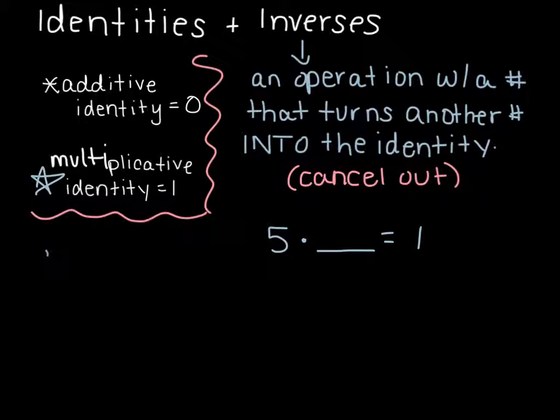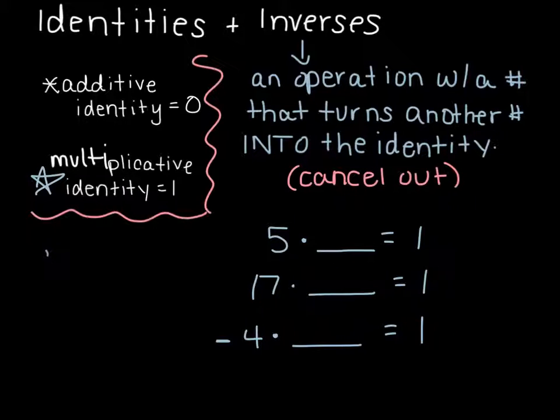It's kind of worthless. So I could have 5 times something is 1. I'm just trying to be creative here. I'm not really creative. Let's go with 17 times something is equal to 1. Let's go with -4 times something equals 1.